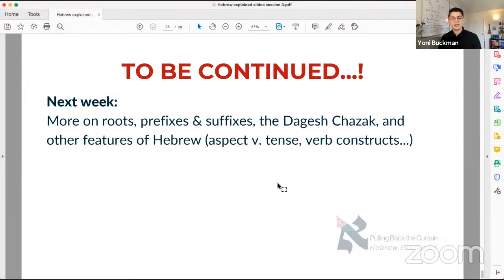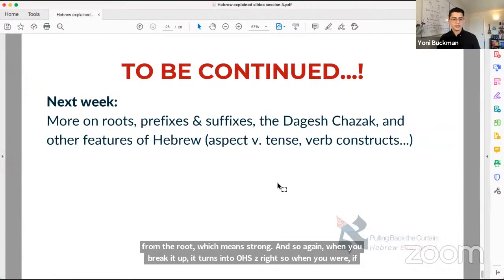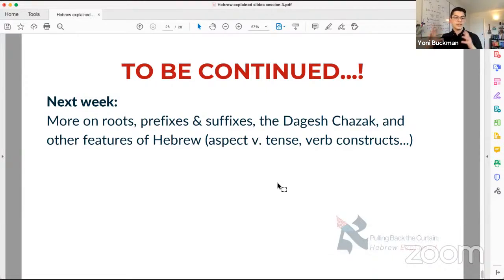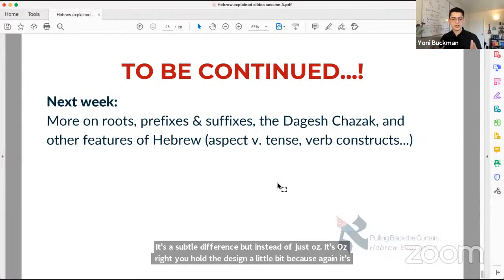Another thing that we're going to talk about next week, because I got a question the other day about this, is I'm going to show you how understanding the roots, the prefixes, the missing letters that are hidden in the dagesh and all of that really, really helps you look up words in Hebrew dictionaries on your own, because many good Hebrew dictionaries, some of the best, especially biblical and rabbinic Hebrew dictionaries, are structured based on a root and then go into all of the meanings that you could get out of a single root.